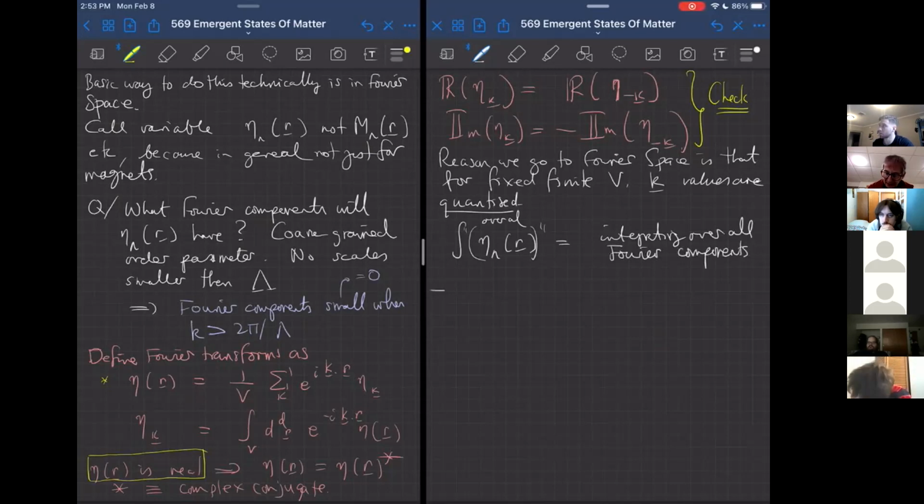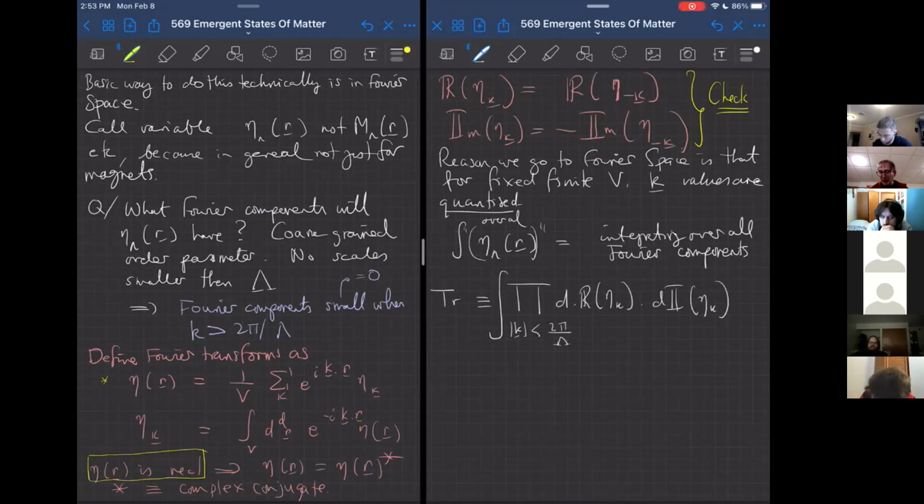So when I write down this trace operation, I'm going to be integrating over the real parts of eta of k, then the imaginary parts of eta of k, for all k values, and those k values have to have a magnitude which is less than 2 pi over lambda.